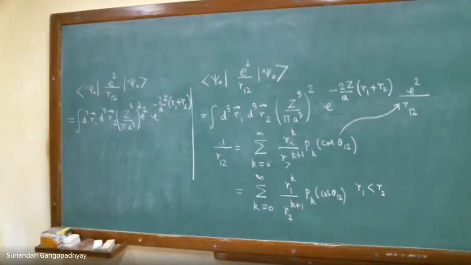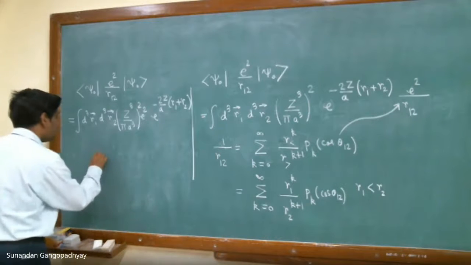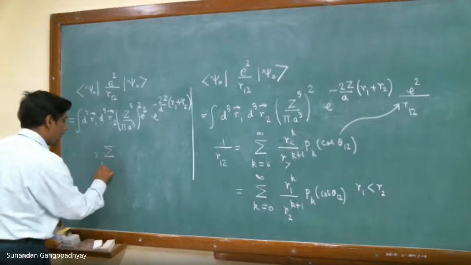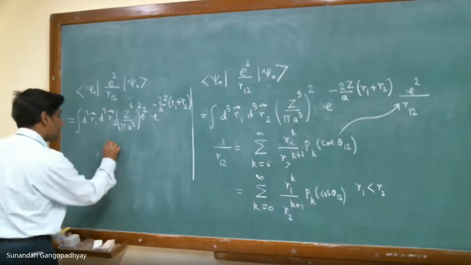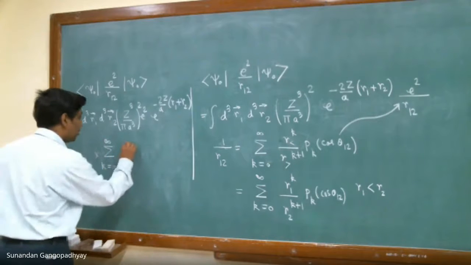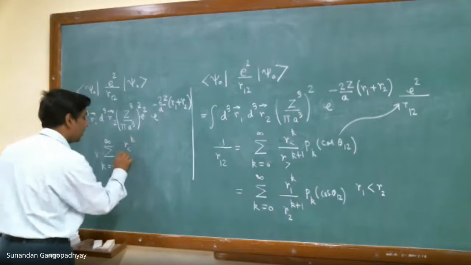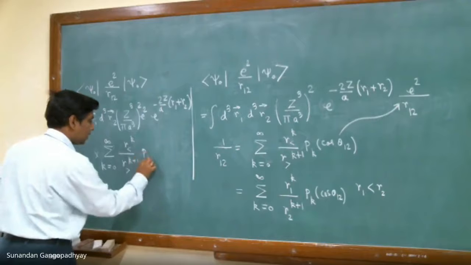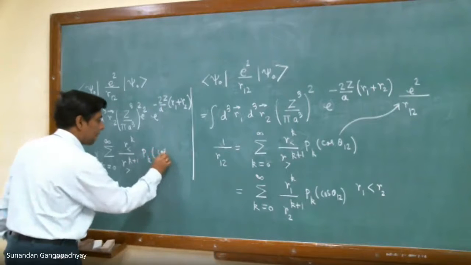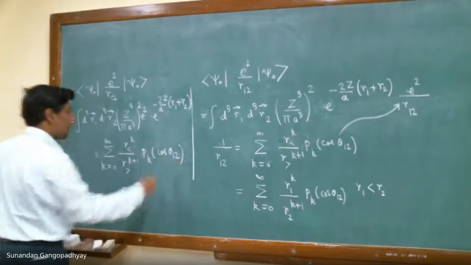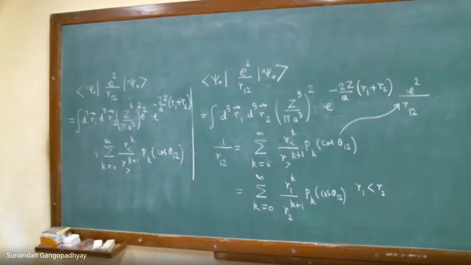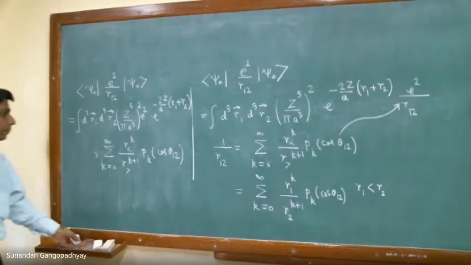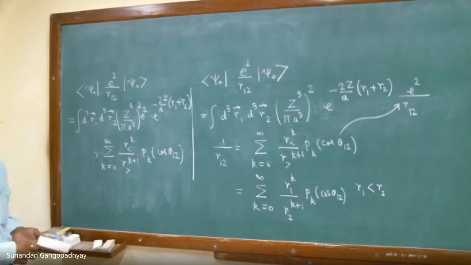This is what we have, and then this is multiplied by summation k is equal to 0 to infinity r less than to the power of k, r greater than to the power of k plus 1, as I just mentioned to you, this pk cos theta 1 2. Is it clear?